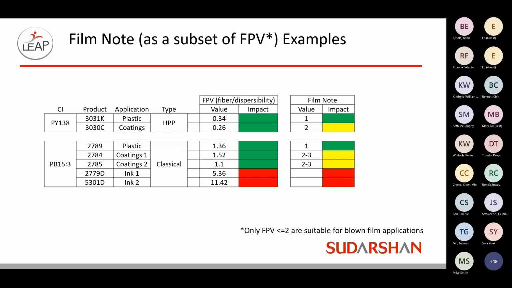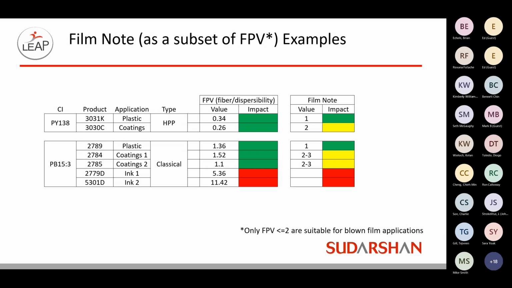So for example, in the Pigment Yellow 138 area, they both were very good for fiber, very low FPV value, but we start to see a difference in the film note, where the number of undispersed particles is a little bit higher in the coatings grade than in the plastics grade.